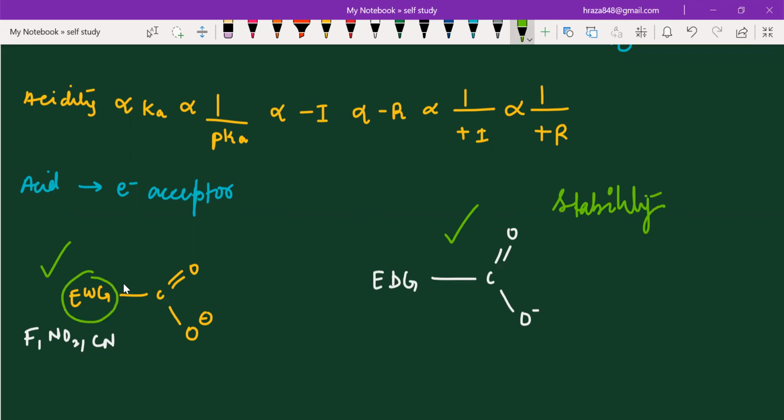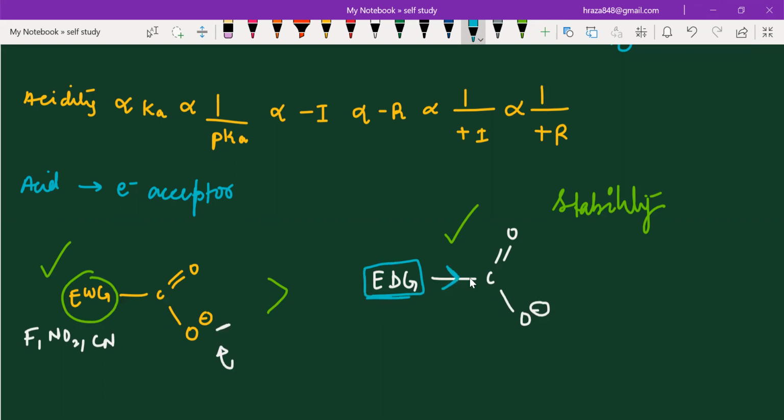The one connected to the withdrawing group is more stable than the donating group, because this negative sign says that it is an electron rich compound. That means it does not require electron, and same for this. But with this, EDG is there, and its nature is to give electron.